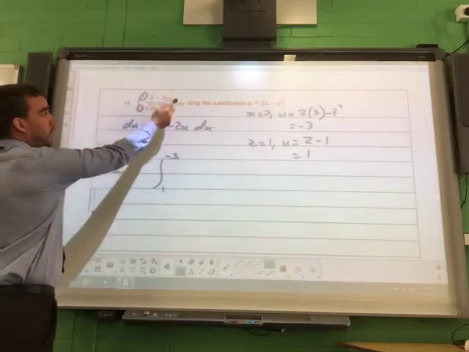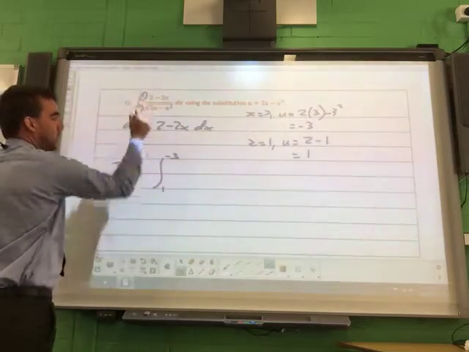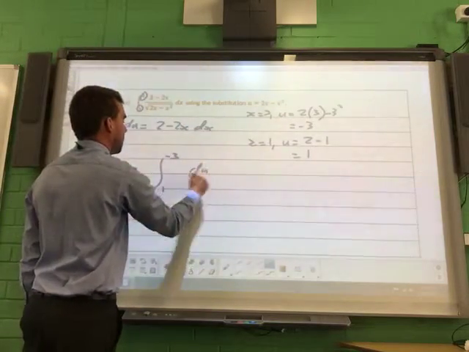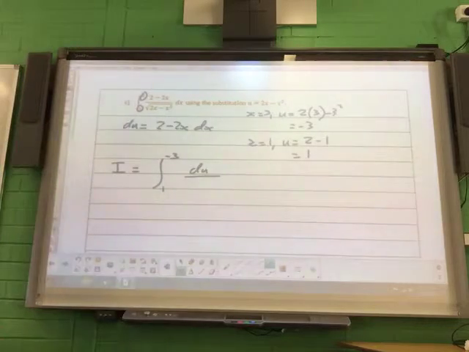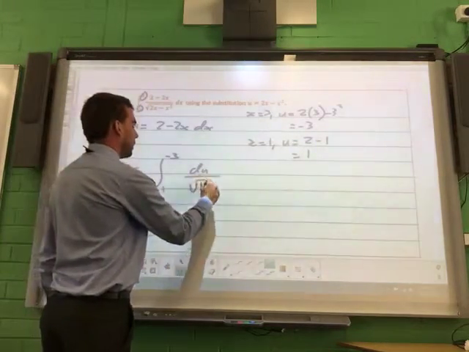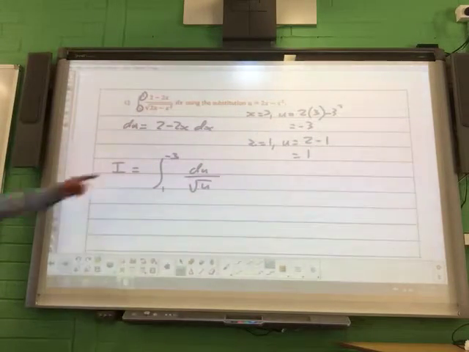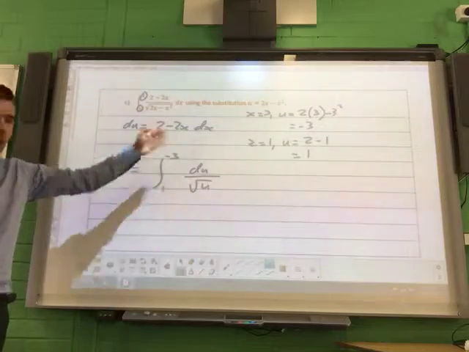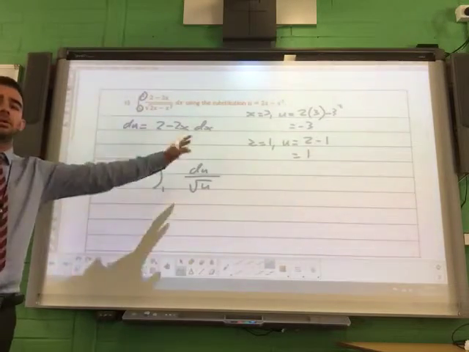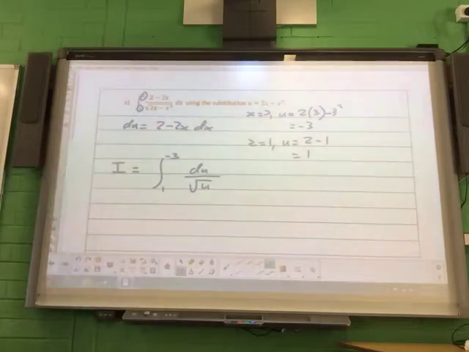So 2 take away 2x dx on top, I'm just replacing that with du. And then the square root of 2x take away x squared, using my substitution, becomes the square root of u. When you say du over something, it is 1 over whatever that something is, with respect to du.